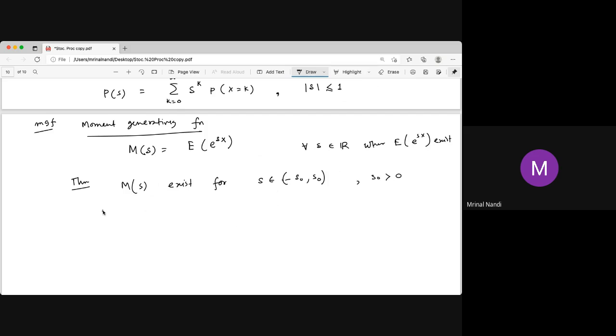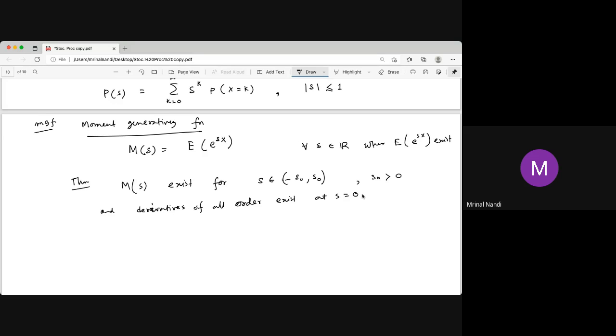A function with derivatives of all orders is called a smooth function. So if it is smooth at 0, all order derivatives exist at s equal to 0. They may not exist for all values, but they exist around 0. So it is smooth around s equal to 0.